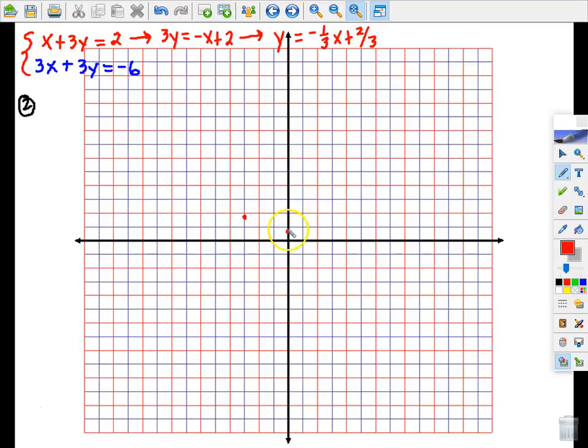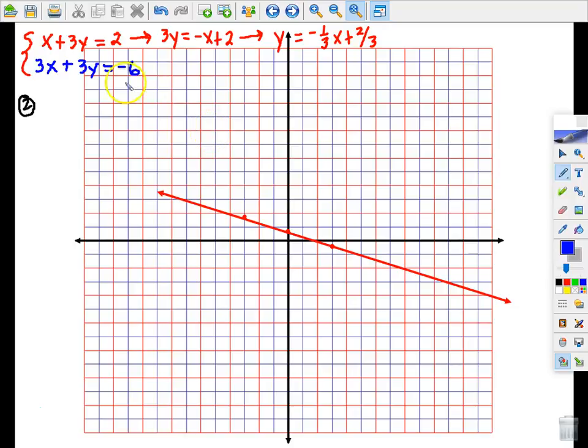Or you could do the negative direction and then combine that with a positive. Right? And I'm going to do this in red. So here is my line for y equals negative 1/3 x plus 2/3.